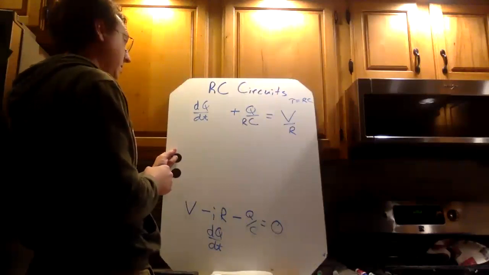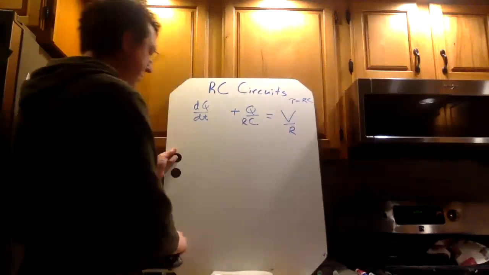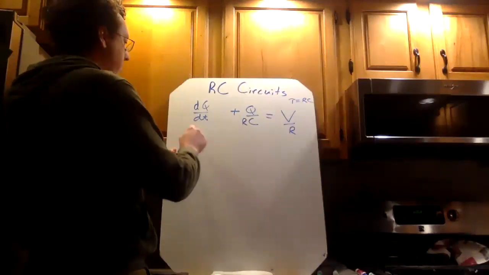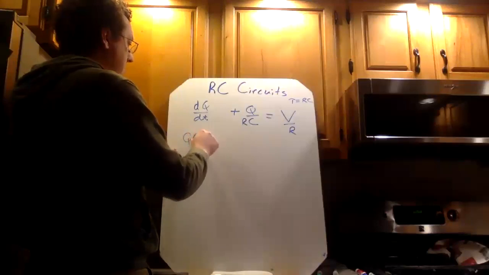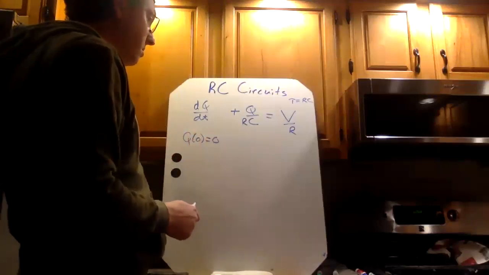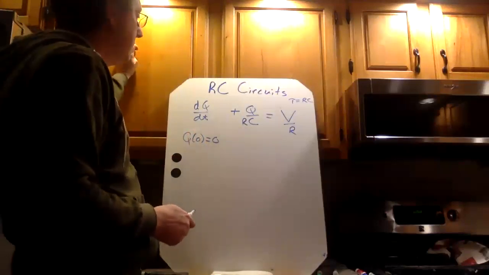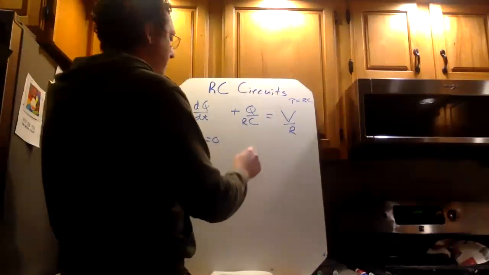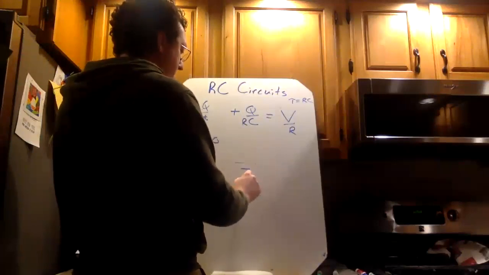Okay, well, it's a differential equation. What are my boundary conditions? Well, I know that Q at time 0 equals 0 because the capacitor was not charged. And initially the current was 0, but then when I throw the switch, we've got to be a little bit more careful about the initial conditions. I think I said things too quickly.